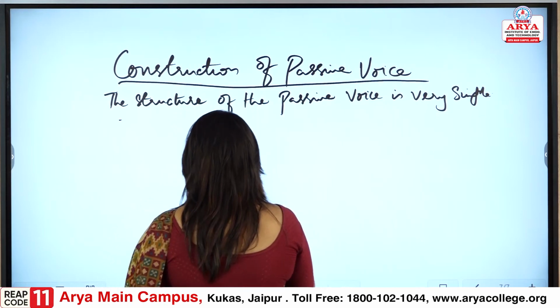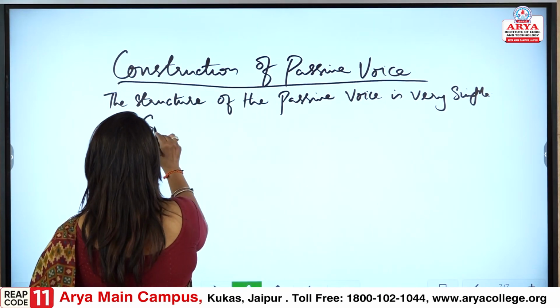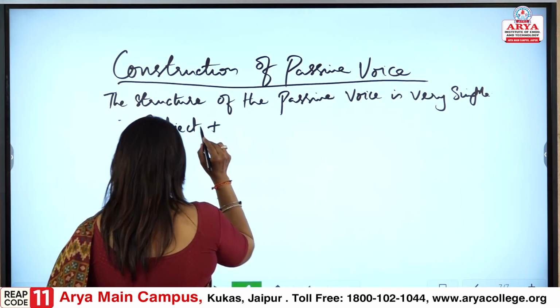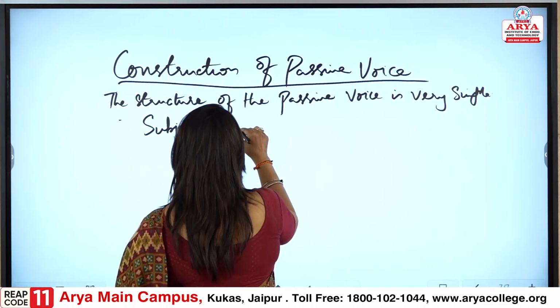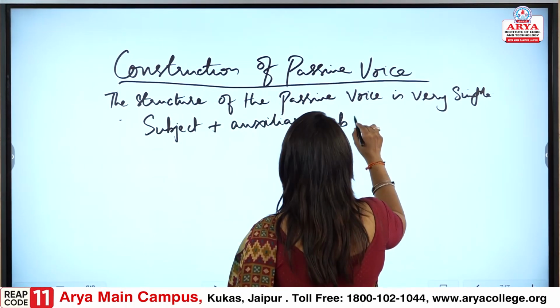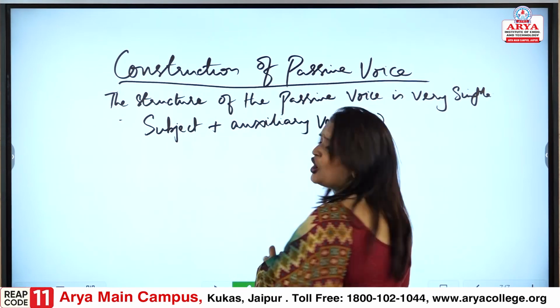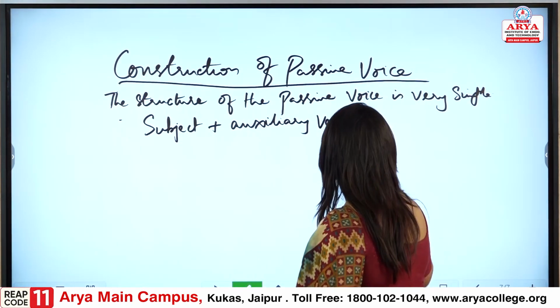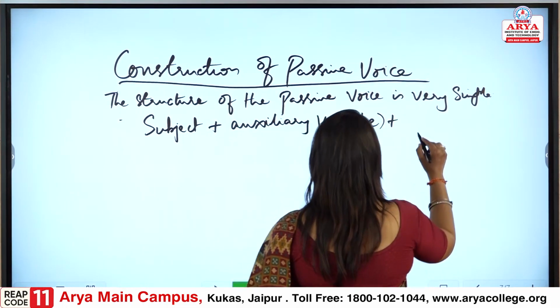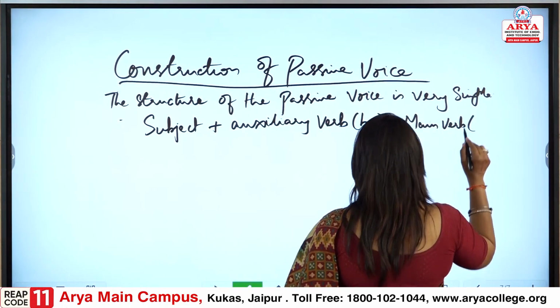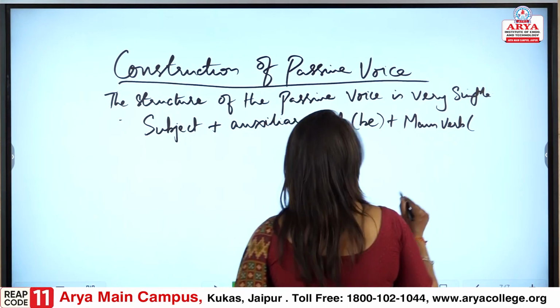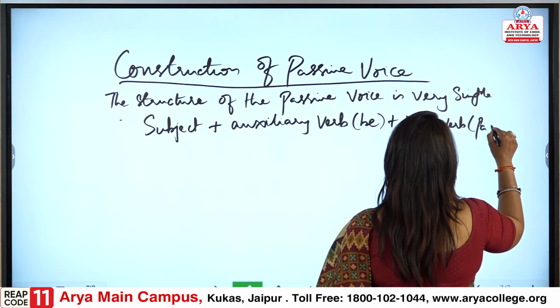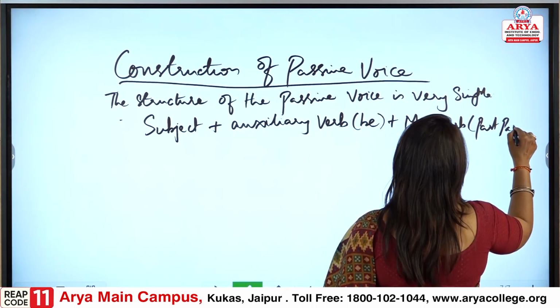First would be the subject plus the auxiliary verb, that is the be form. Auxiliary verbs are the be forms. Plus the main verb, and again what we will take care of is, it would be in the past participle.